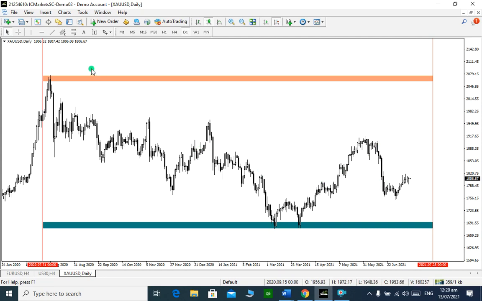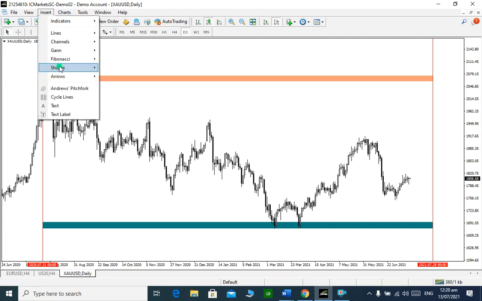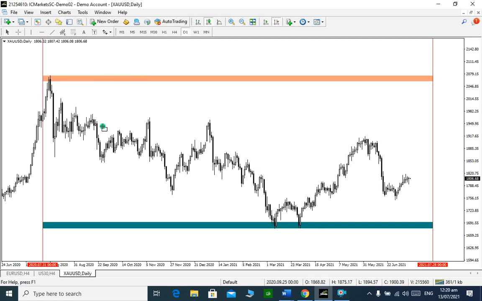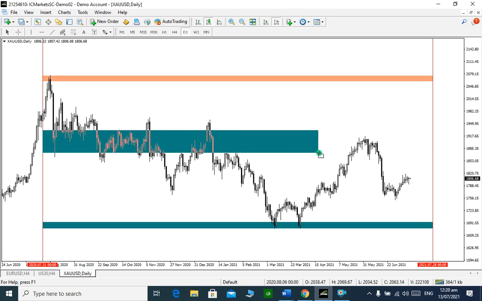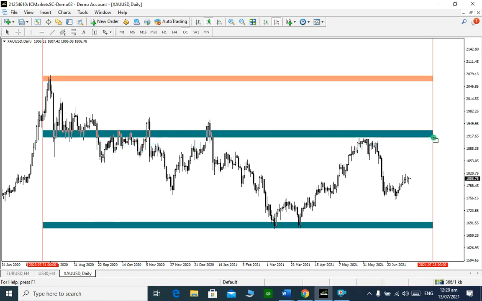We can mark out an additional level here, somewhere around here. We're going to include more levels here.